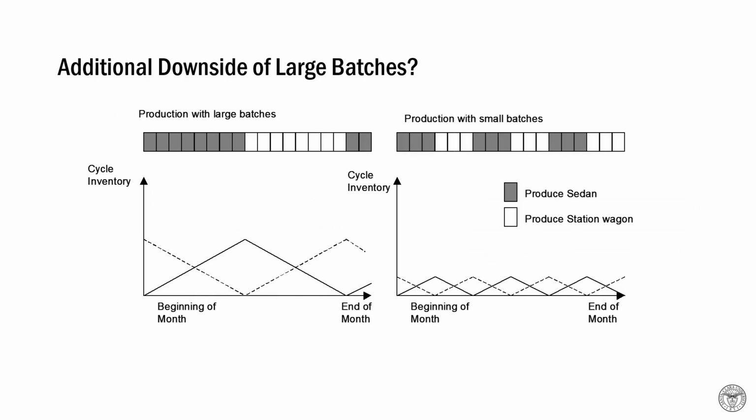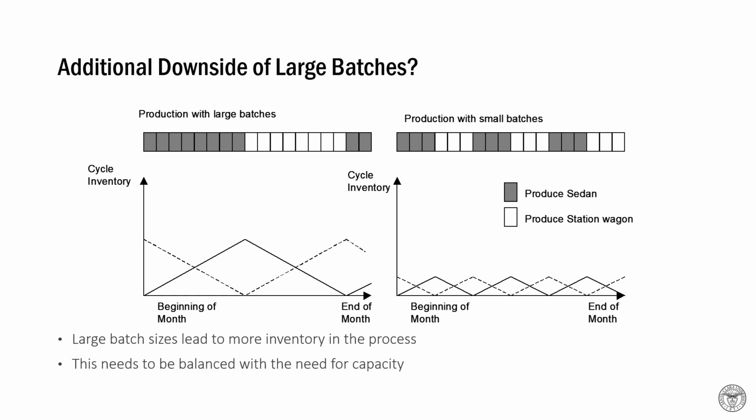Now, let's consider an additional factor related to large batch sizes. While larger batches can increase utilization rates and optimize capacity, they also have potential downsides. One significant drawback is that large batch sizes lead to more inventory within the process. This was evident in the utilization graphs we examined earlier.